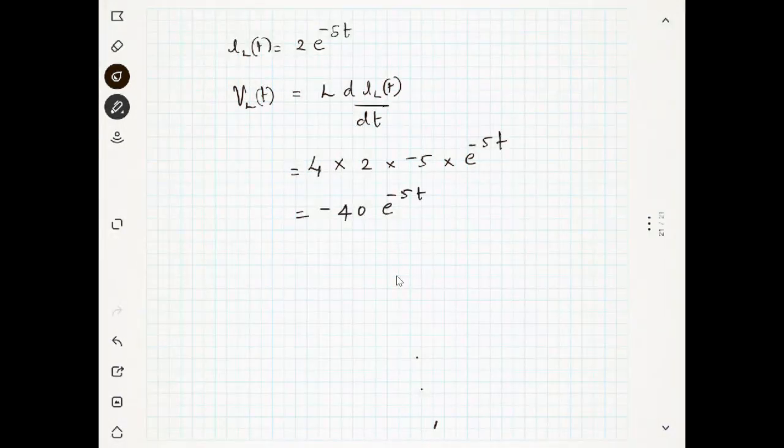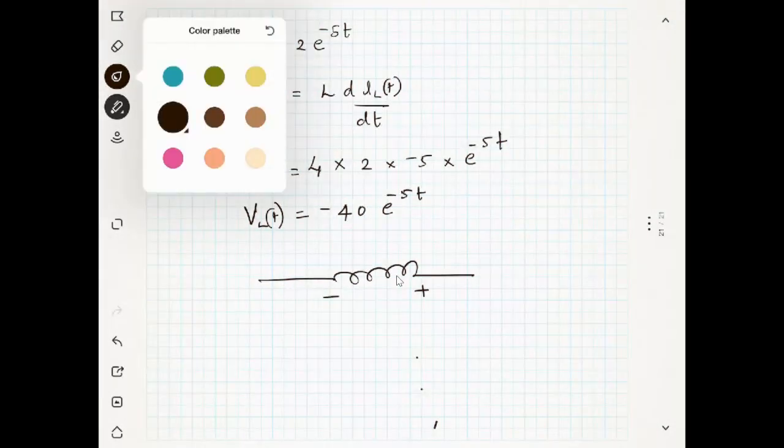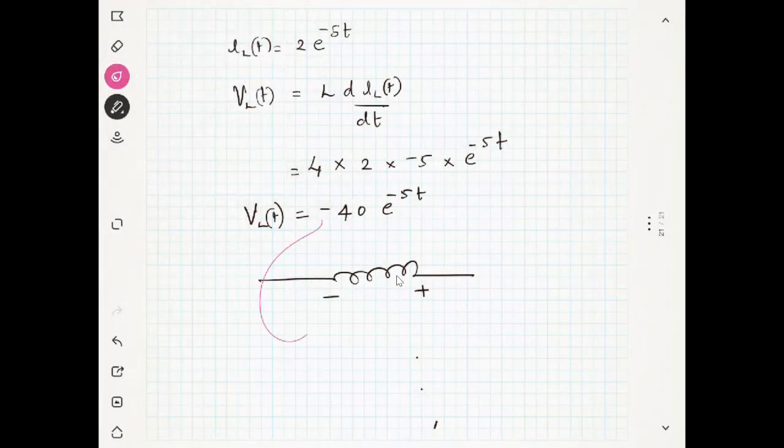So see here, the voltage across the inductor I have marked like this previously, but the actual voltage is minus of that. That means this will give you plus and this will give you minus, and the inductor will carry a current IL of t. This is the actual polarity.